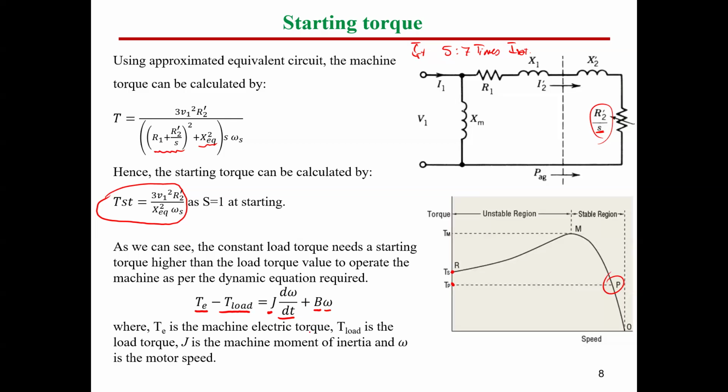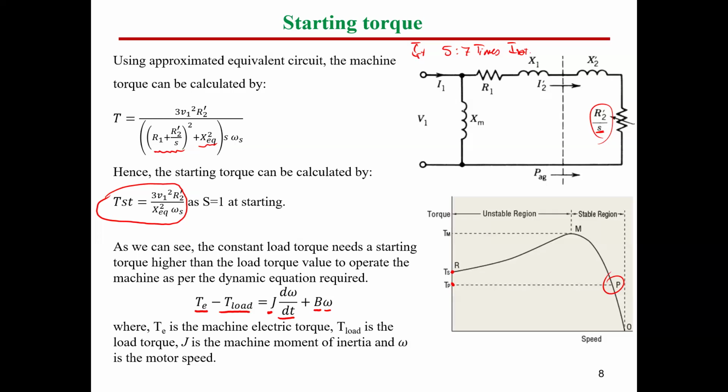So I do believe we discussed this equation before, guys, if you remember, in the closed loop control and modeling of the DC motor. We discussed the dynamic equation of the DC motor, and we made the mechanical model and the transfer function of the DC motor.